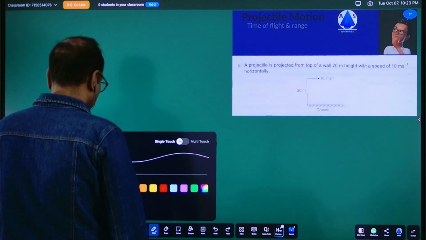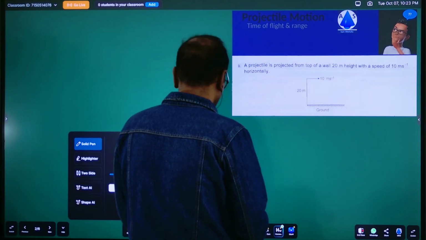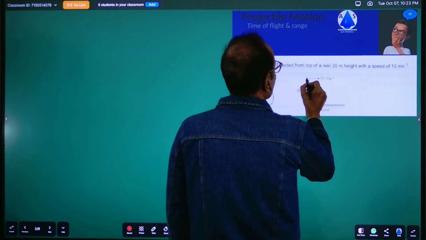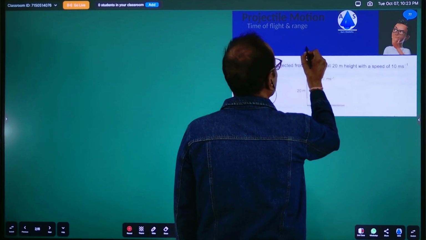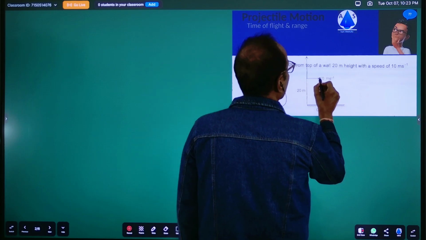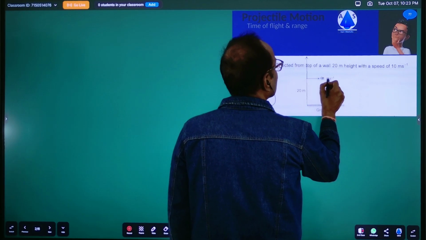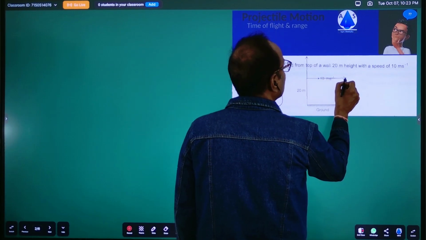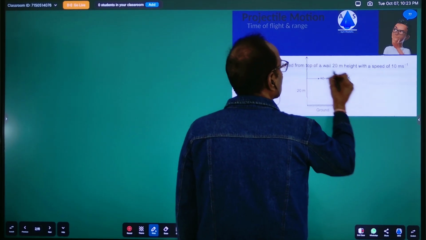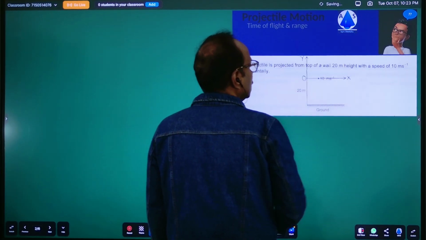So our y-axis will be like this, and the x-axis will be in this direction. This is your origin.